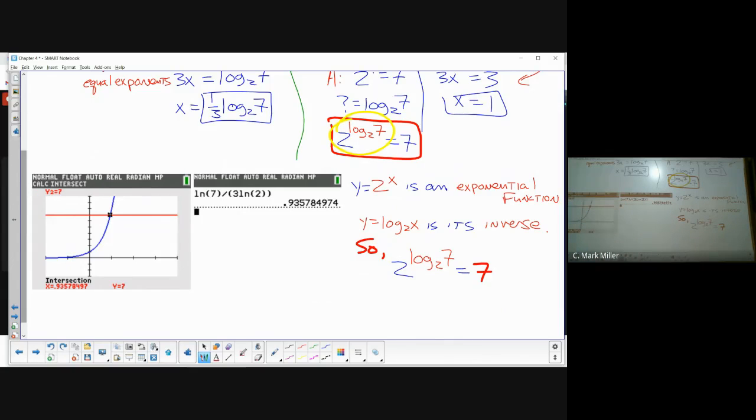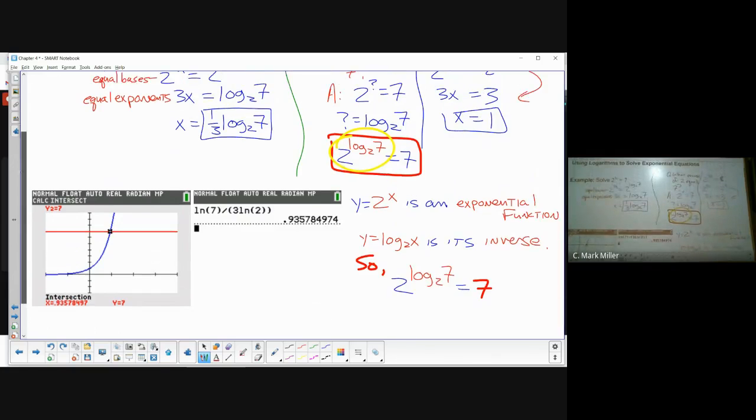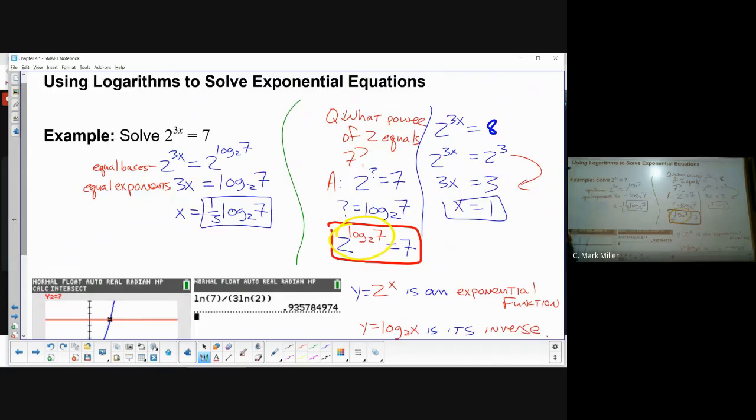I'm going to run this through again, and we're going to do some more. Our problem here is that we've been solving these by making equal bases on each side. But we can only do that when the other side could be written in terms of an integer to a power. So we can get the right side being 2 to a power, the left side's 2 to a power.